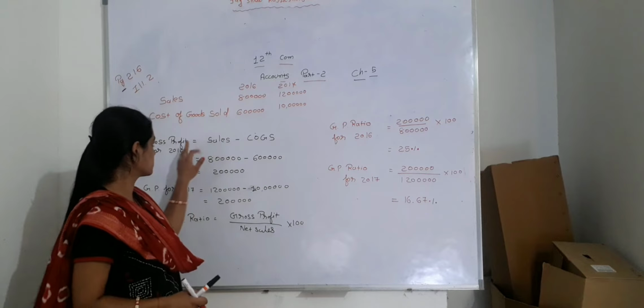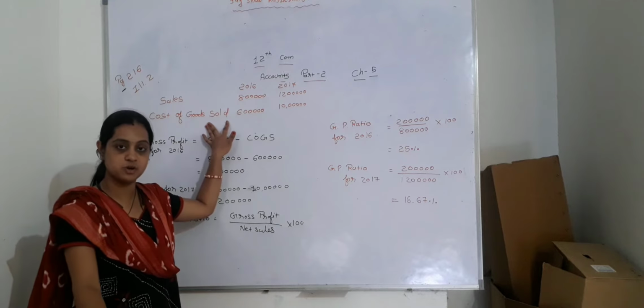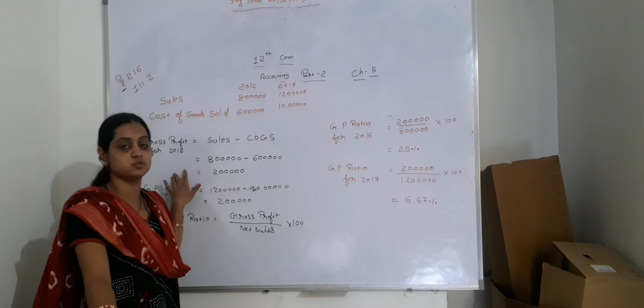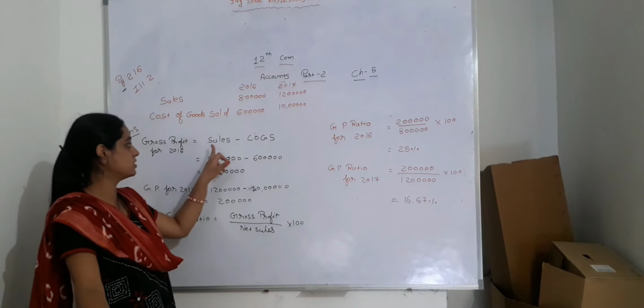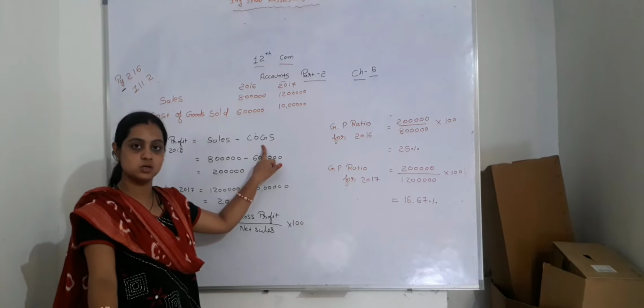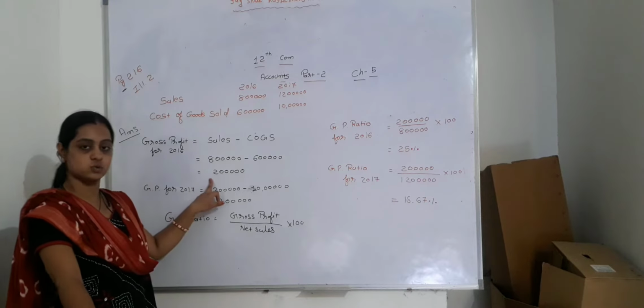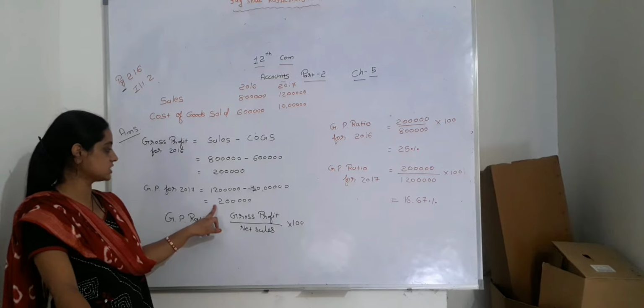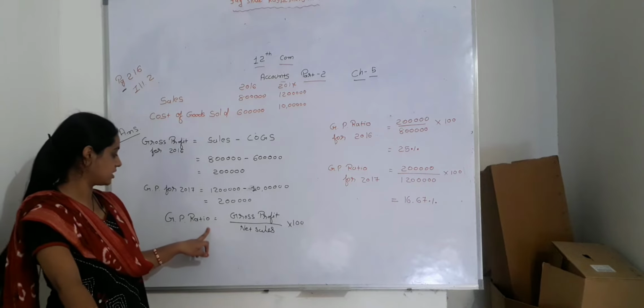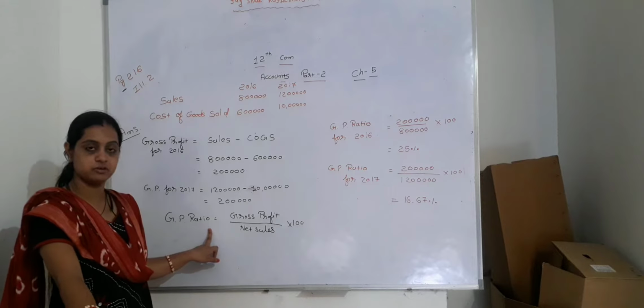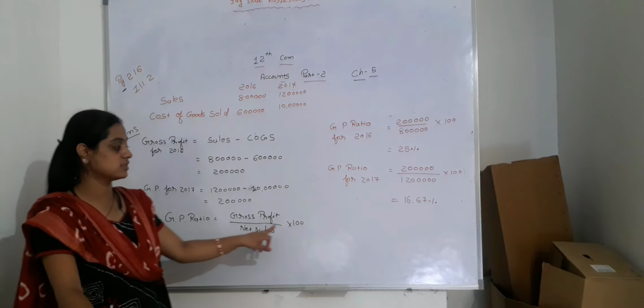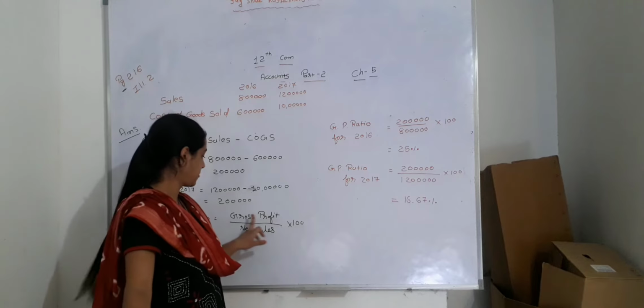Again, I am discussing, they have not given gross profit. That's why first of all we have to find gross profit. Gross profit is equal to sales minus COGS. That's why we got gross profit for 16 is 2 lakh and gross profit for 17 is 2 lakh. Now we can apply the formula. Gross profit ratio is equal to gross profit upon net sales into 100.